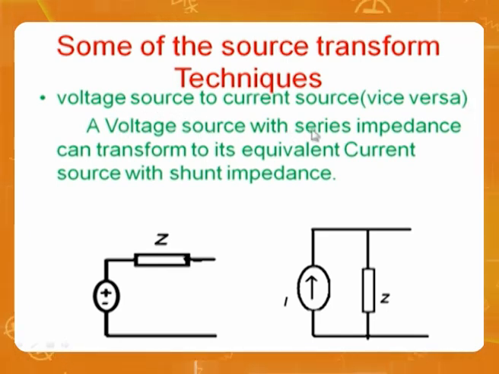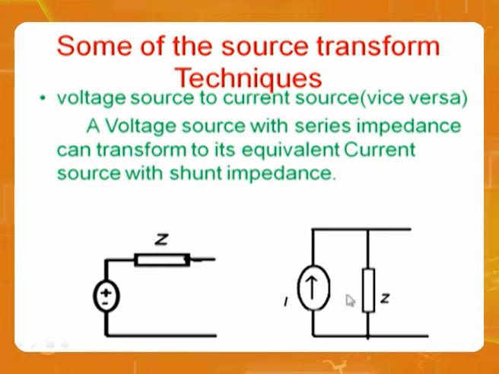A voltage source with series impedance can transform to its equivalent circuit, a current source with shunt impedance. Look at here. This is Vs, Z. Voltage source always has impedance in series. Current source has it in shunt.